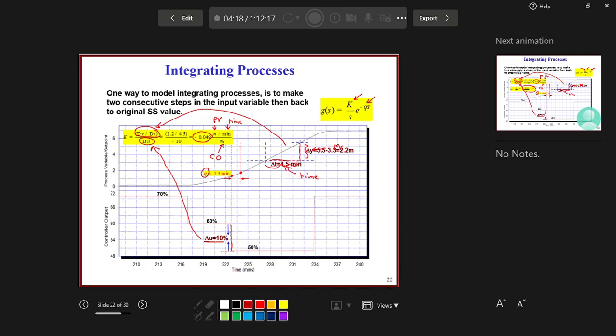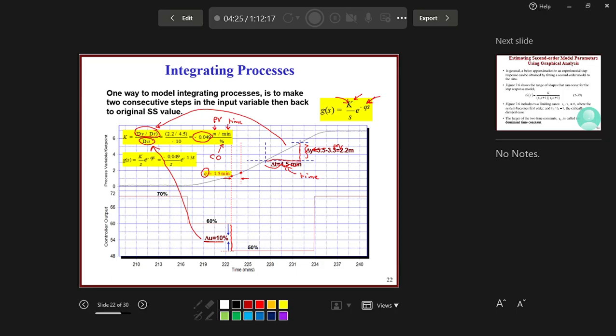So now we can write the equation by substituting the value of k and the value of theta in it. So this will give us this model. This is the model of the integrator. Notice that there is no time constant here because we have merged both the gain and the time constant in one, which is the integrator time constant.